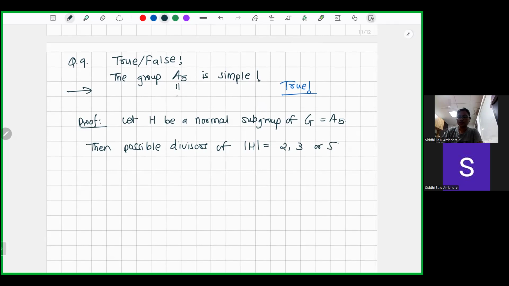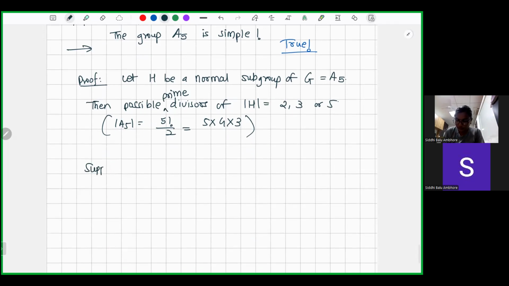What is the order of A5? The order of A5 is 5 factorial divided by 2. So this is 5 into 4 into 3, or 5 into 2 into 3. So the only possible prime divisors of the order of H are 2, 3, or 5.